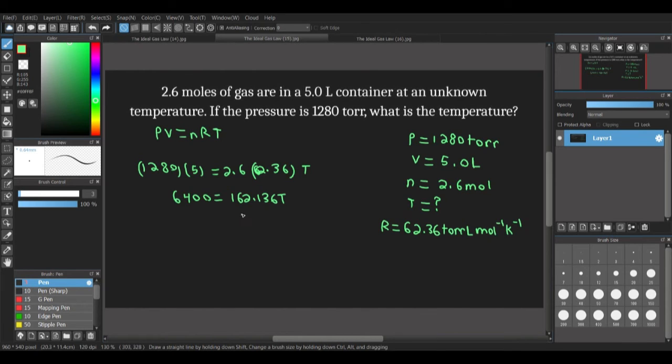And then our last step to get temperature by itself is to divide both sides by 162.136. And that gives us that our temperature is equal to 39 Kelvin. And we're going to leave it as two significant figures because that's as precise as our least precise value.